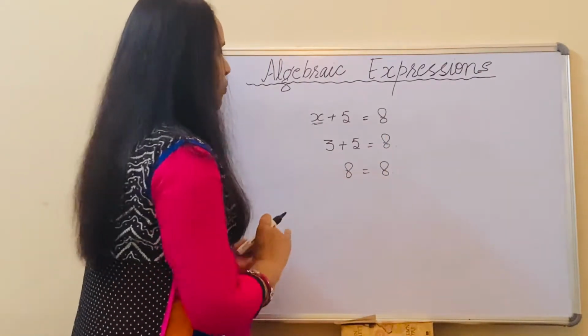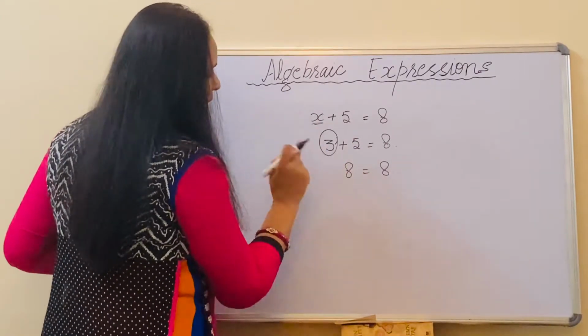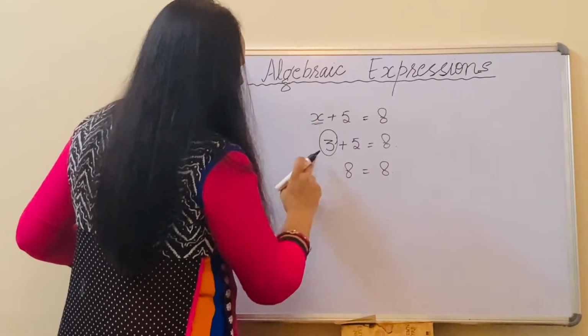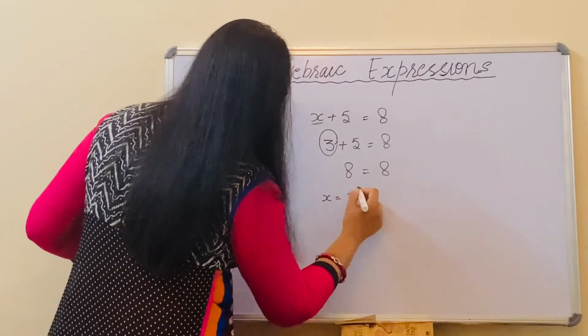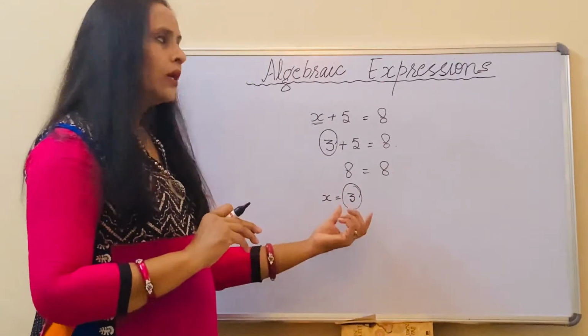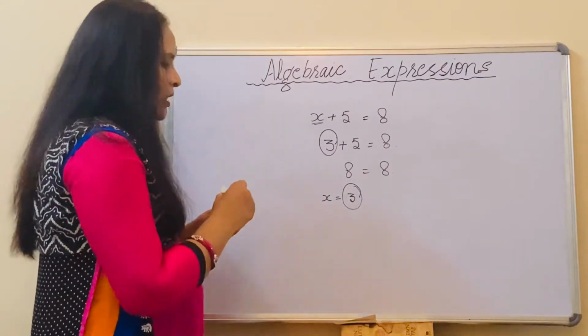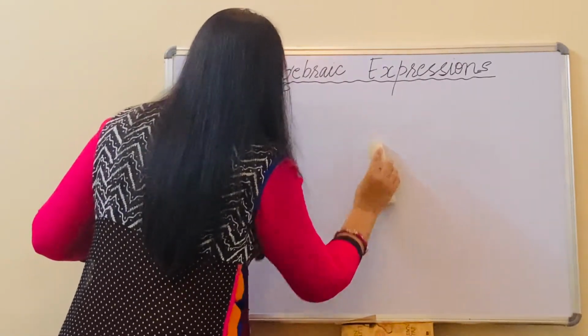8 is equal to 8. So the value of the x variable we have calculated as 3. So 3 is the solution to the equation. Now for this we can follow some rules.